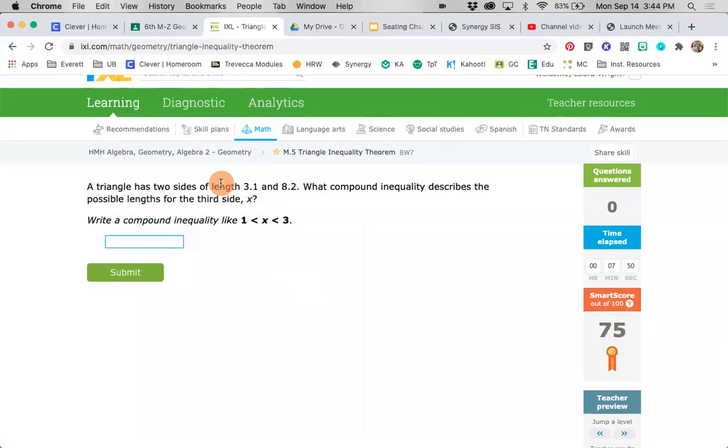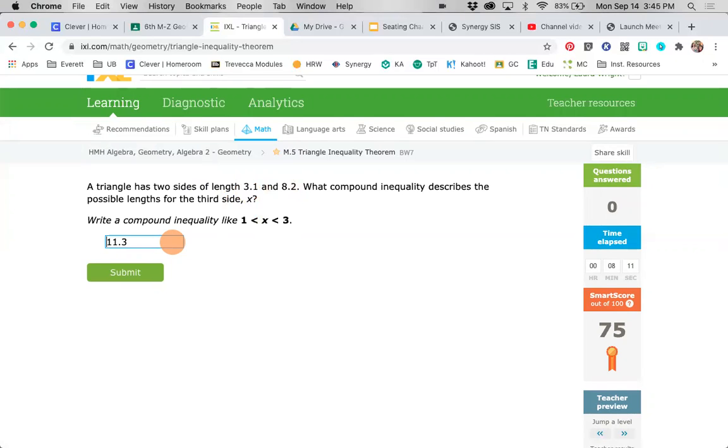A triangle has two side lengths of 3.1 and 8.2. What compound inequality describes the possible lengths for the third side? Once again, you take those two sides, you add them, and you subtract them. So 8.2 plus 3.1 is going to give us 11.3 as our large end of the range. So I'm just going to work it backwards.